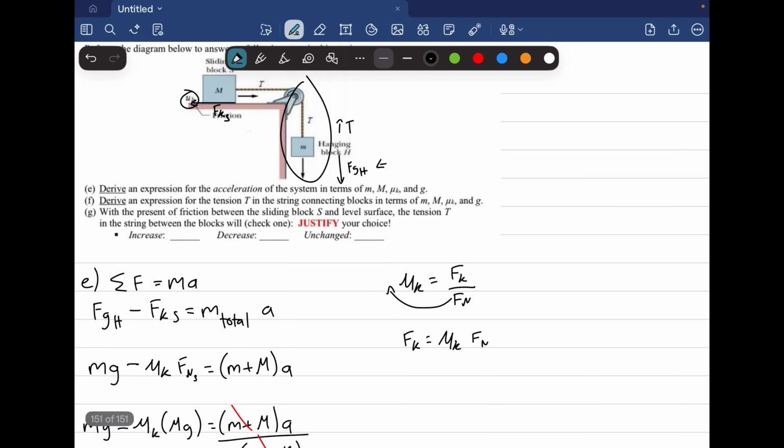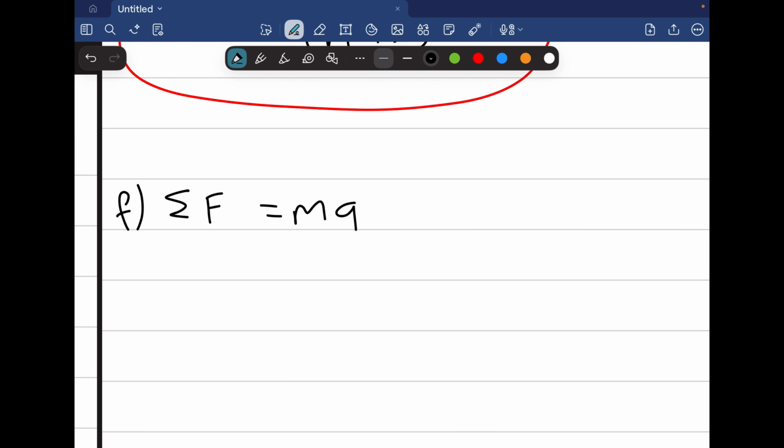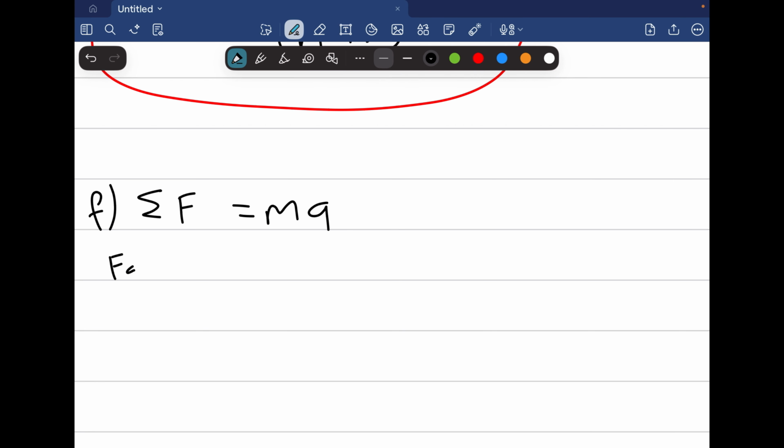That's why Fgh is greater than T. So Fgh minus T is equal to ma. And then I'll expand on it. So mg minus T is equal to ma.